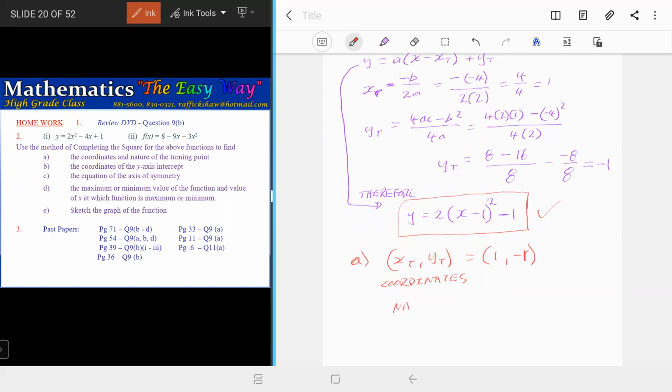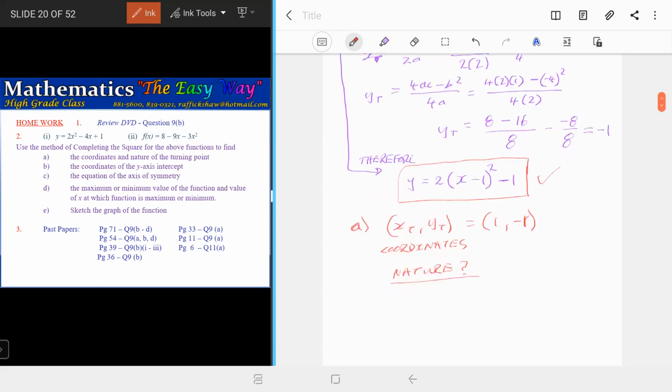Then we'll come to the nature. It's asking us for the nature. How do we determine the nature? We can say since the A, which is equal to 2, is actually greater than 0, I could say it is positive, that implies that the turning point is a minimum.